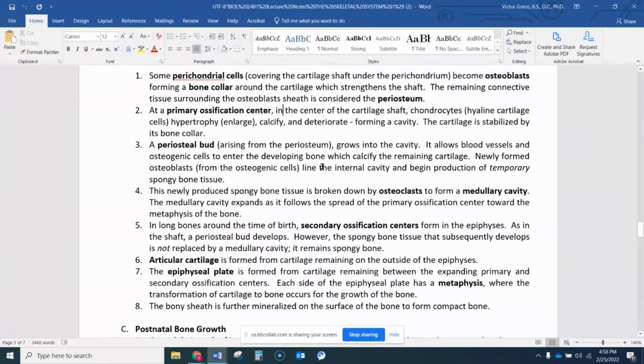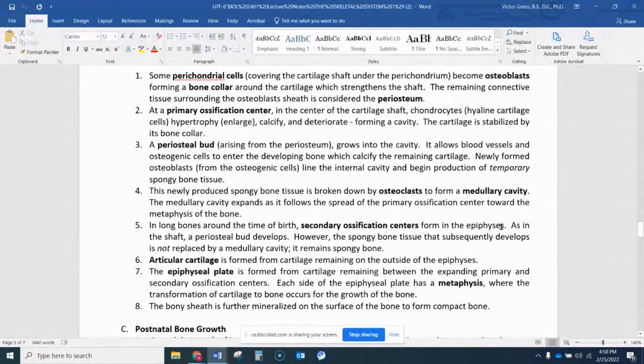So a couple important points I will highlight though is that the primary ossification center, so basically this is saying where bone is made first is in the diaphysis, which it says shaft here, but we know the better term for that is the diaphysis. So the diaphysis is the primary ossification center, and what's produced afterwards, the secondary ossification center, are the epiphyses.